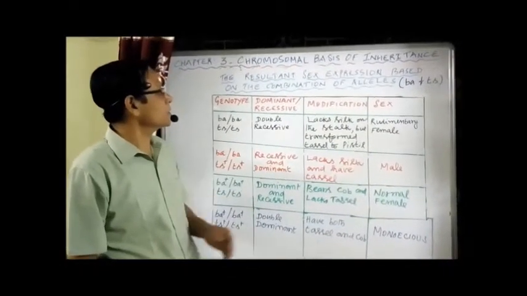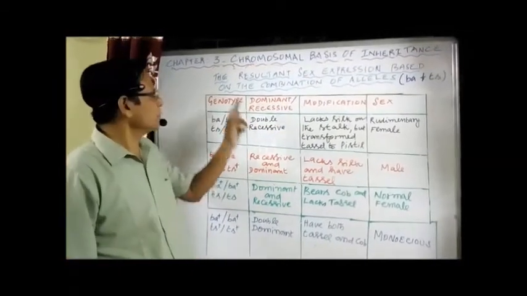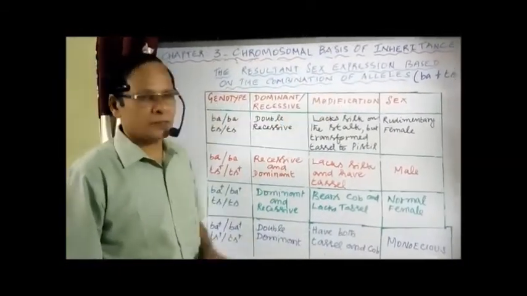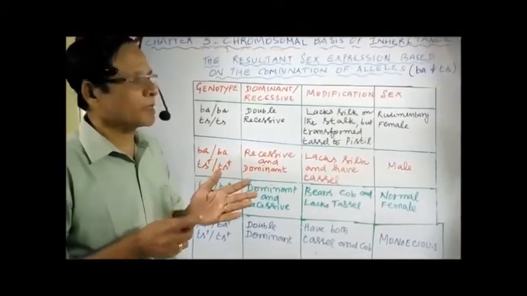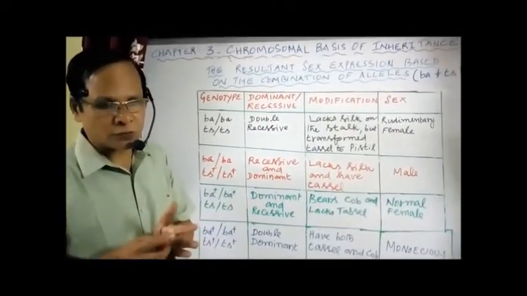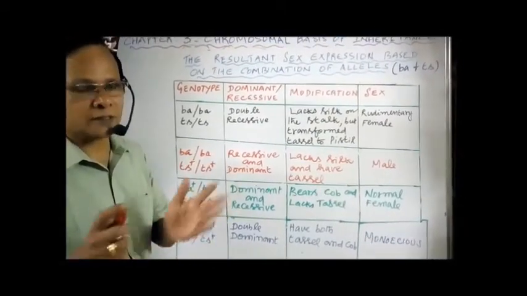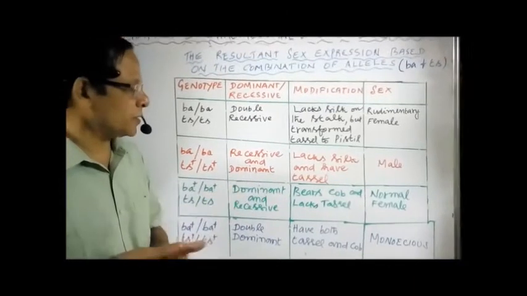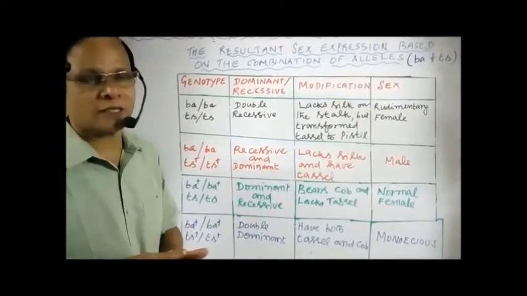The following table shows the resultant sex expression based on the combination of alleles. Different combinations of the two alleles BA and TS, in dominant or recessive form, produce different sexes, either male or female, or rudimentary female or monoecious condition.